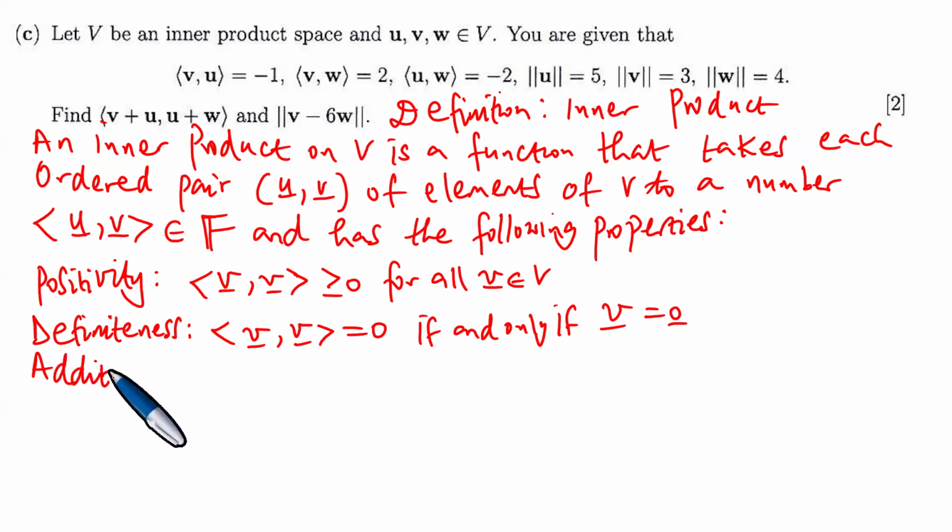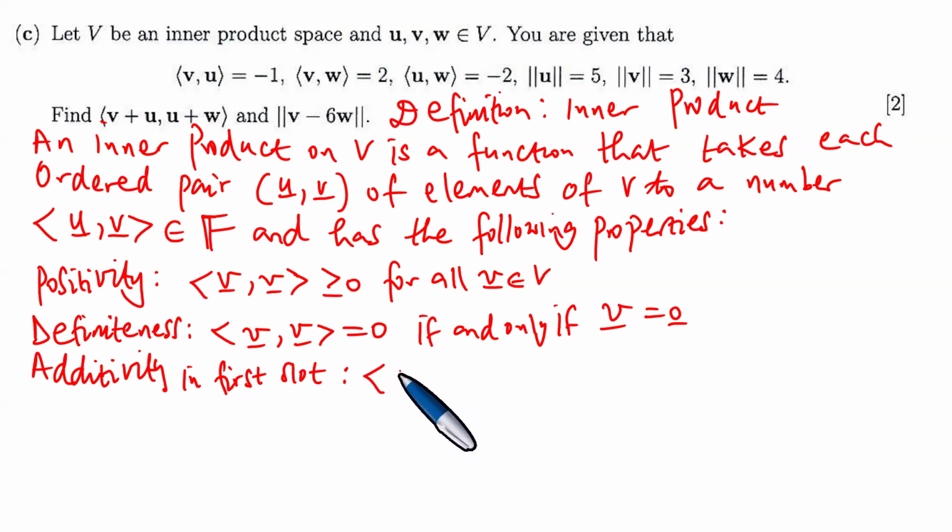Then there's something called additivity in the first slot. Additivity in the first slot simply means that you can add in the first slot.